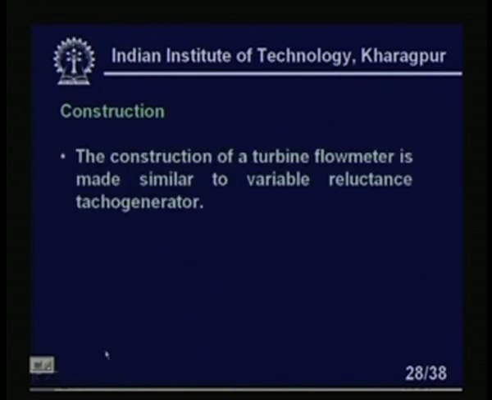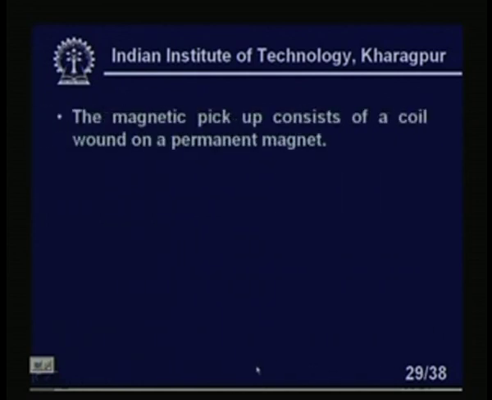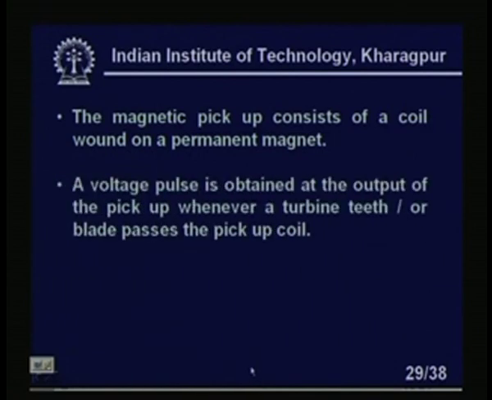You see, the construction of a turbine flow meter is similar to the variable reluctance tachogenerator, no difference. The blades or teeth are made of ferromagnetic material. The magnetic pickup consists of a coil wound on a permanent magnet. A voltage pulse is obtained at the output of the pickup whenever a turbine tooth or blade passes the pickup coil.